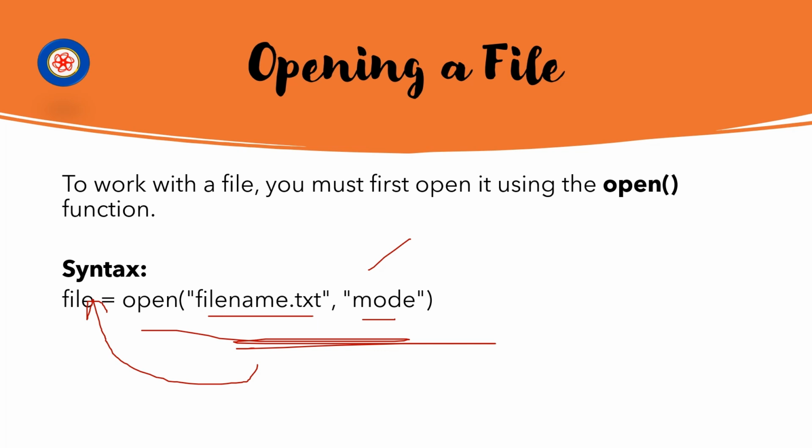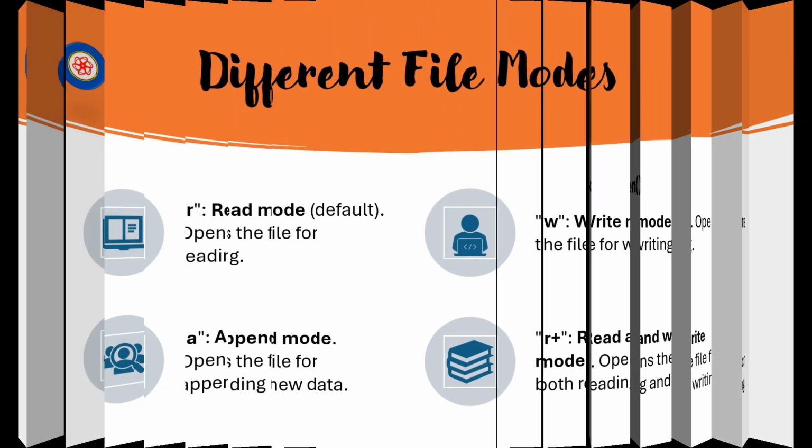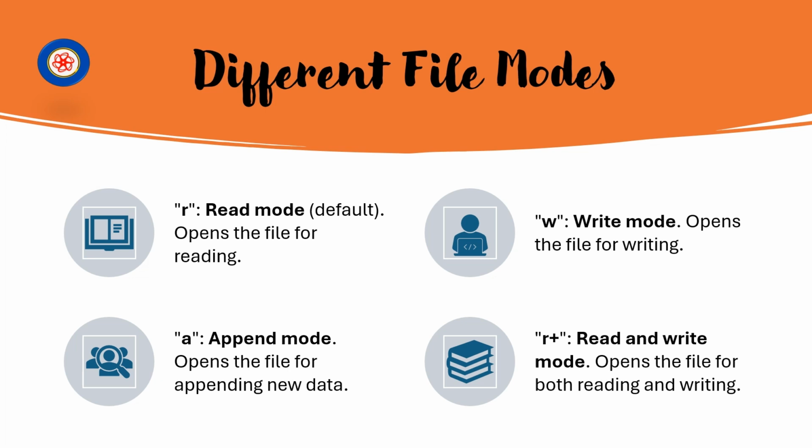Before we move ahead, let's take a closer look at a few common file modes available in Python. Python provides several modes to work with files, and here are the most commonly used ones. R represents read mode, which is used to open the file for reading.